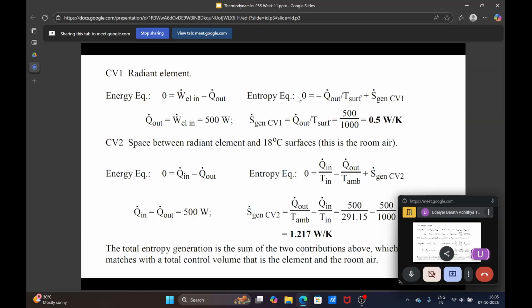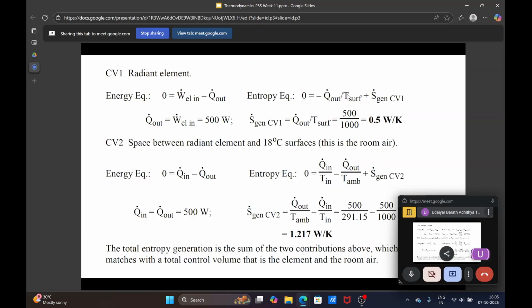Then we'll apply the second law, or an entropy balance, for it. The change in entropy, dS by dt, is 0 since it's steady state and no stream is coming in. This is equal to the heat transfer to the ambient, so heat is getting rejected: minus Q out by T surface, the temperature at which the heat is transferring from.